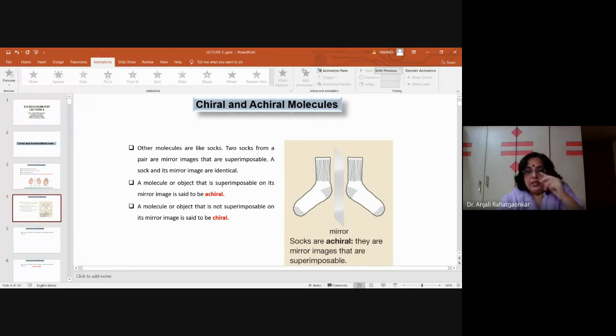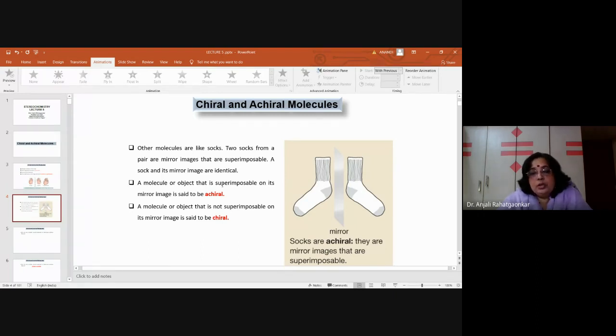All right. A molecule or object that is superimposable on its mirror image is said to be achiral. And what is chiral? A molecule or object that has a mirror image that is not superimposable.